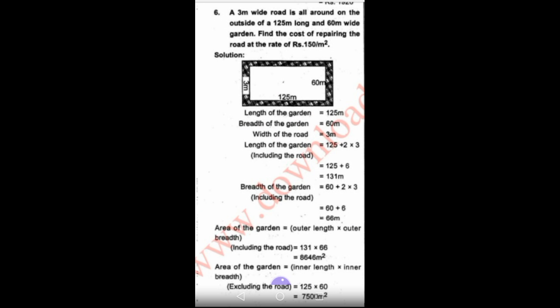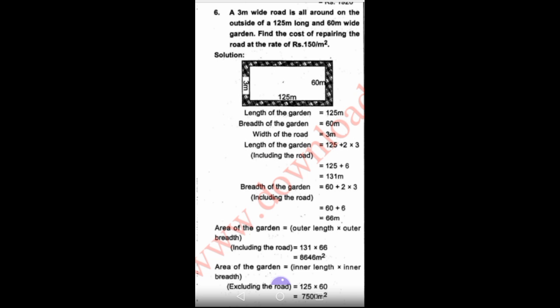Our next question is question number 5, mentioned as question number 6, which is wrong here. This is question number 5. A 3-meter wide road is all around on the outside of a 125-meter long and 60-meter wide garden.